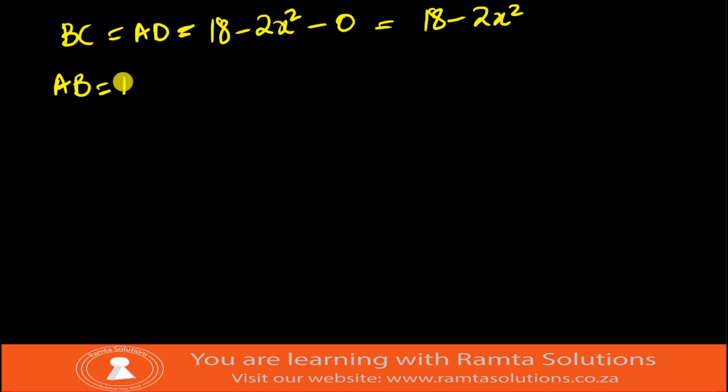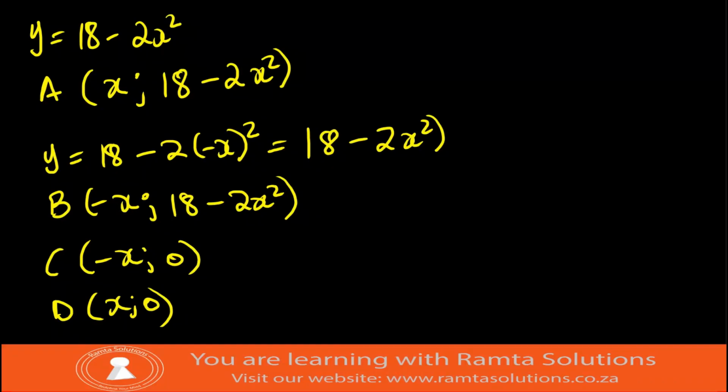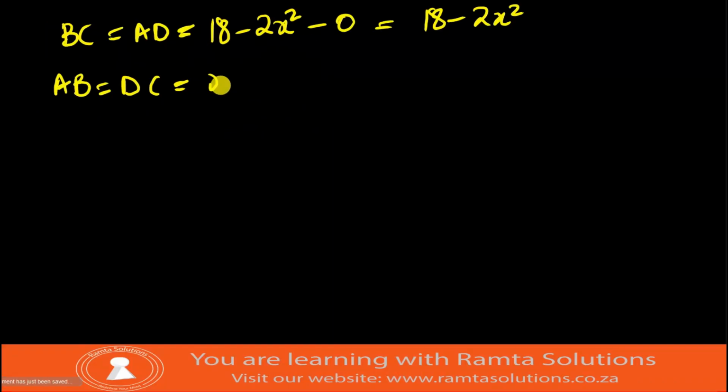Now, let's look at AB, which is also equal to DC. The difference here is the x values, so it will be x minus negative x, which is 2x. Okay, it is 2x.